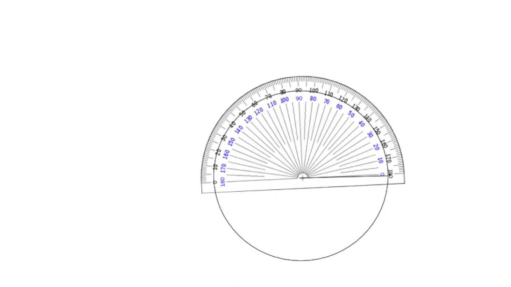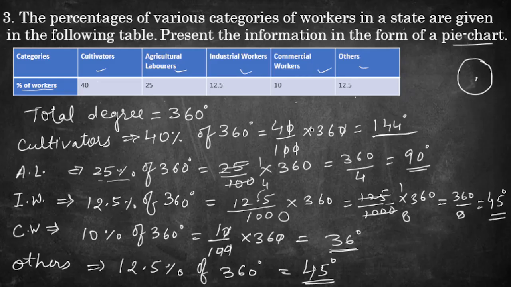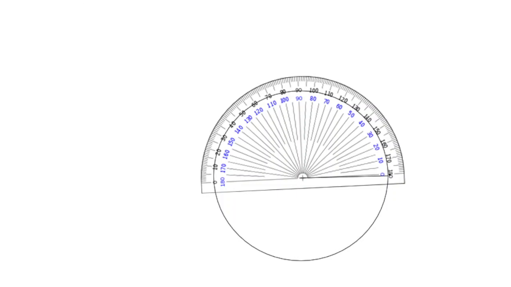Now here, first of all we need to draw how many degrees? Yes, 144 degrees, right? So let's draw 144 degree. Now here, as you can see, this line is this side, so we'll draw one from here, 144 degrees. So from here we'll start. Now you can see it is 0, 10, 20, 30, 40, 50, 60, 70, 80, 90, 100, 110, 120, 130, 140.